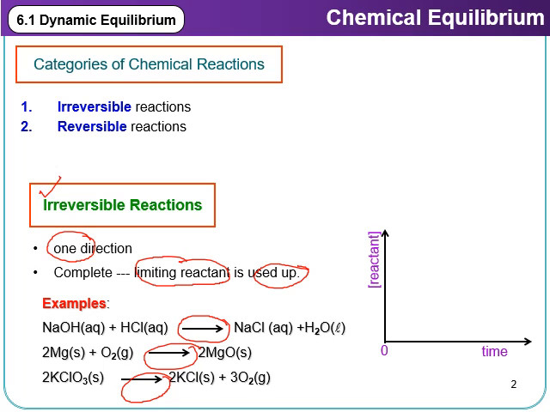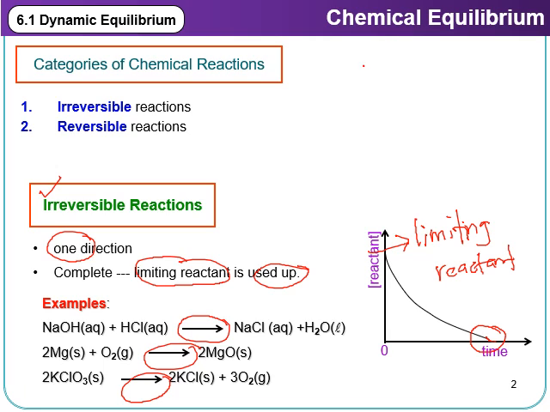If we plot the graph of concentration of reactant versus time, we will notice the concentration of reactant is getting lower, and at one point the concentration of the reactant will reach 0.